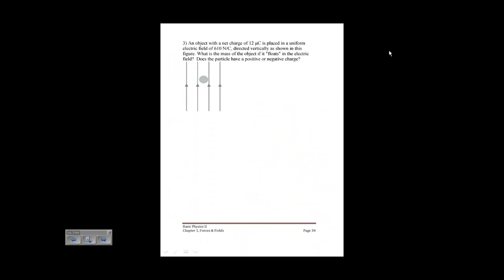Right, an object with a net charge of 12 microcoulombs is placed in a uniform electric field of 610 newtons per coulomb, directed vertically. What is the mass of the object if it floats in the electric field and does have a negative charge? Let's just draw our force vectors. We have the weight of the object, and if it's floating, the electric force has to be equal and opposite the weight. So the magnitude of the electrical force has to equal the magnitude of the weight.